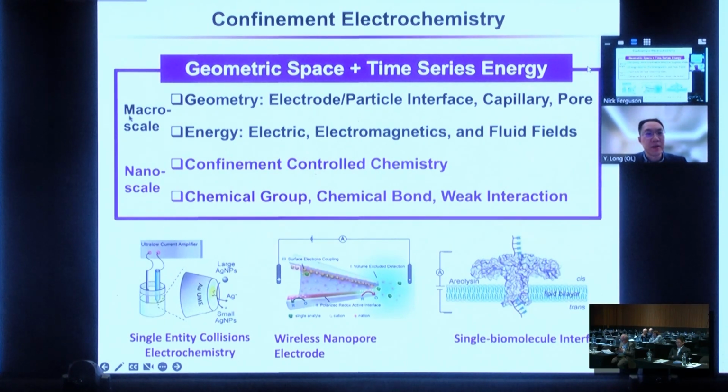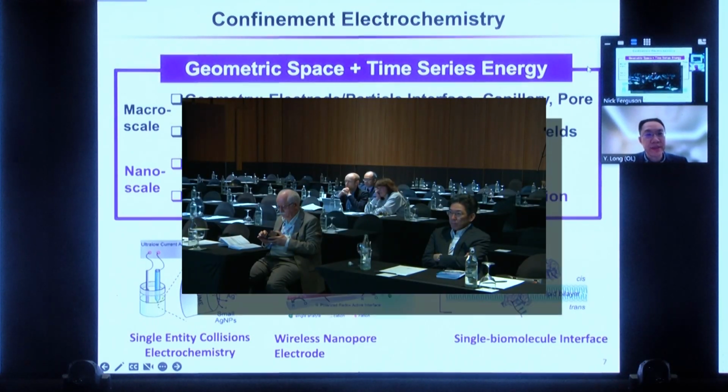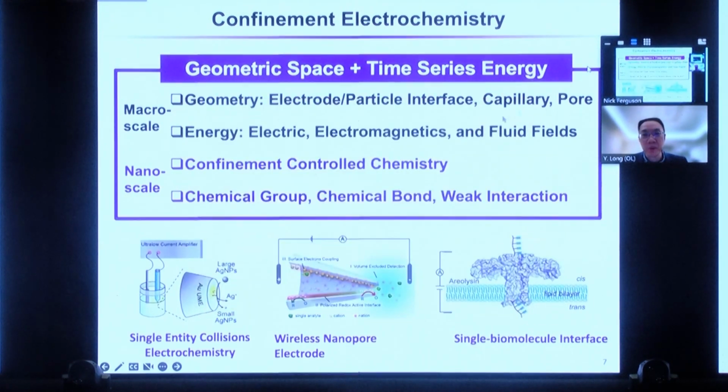Like I talked about before, at the microscale, there are electrodes or particle interfaces, even capillaries or pores. And for the energy, there will be electrical energy and electromagnetic energy or fluidic field, which is geometrical space plus time series energy.